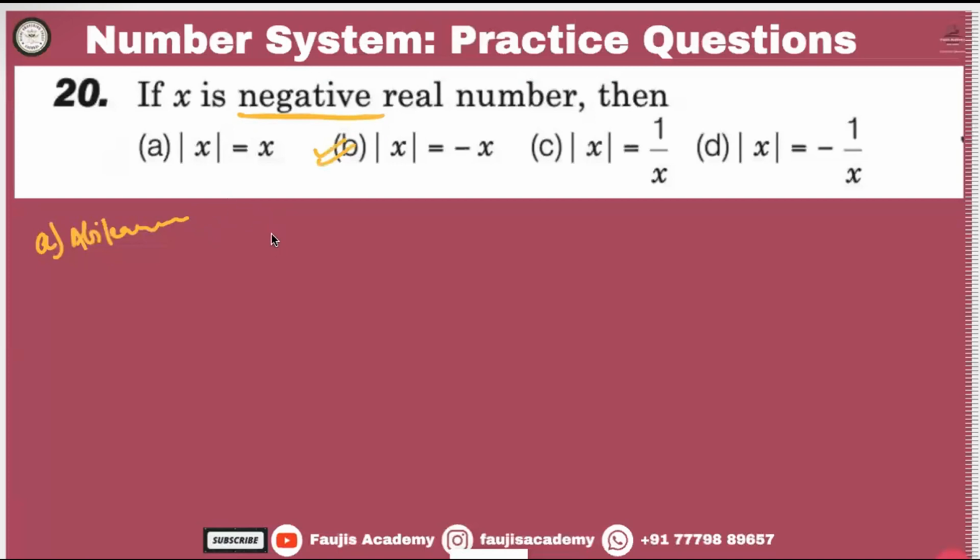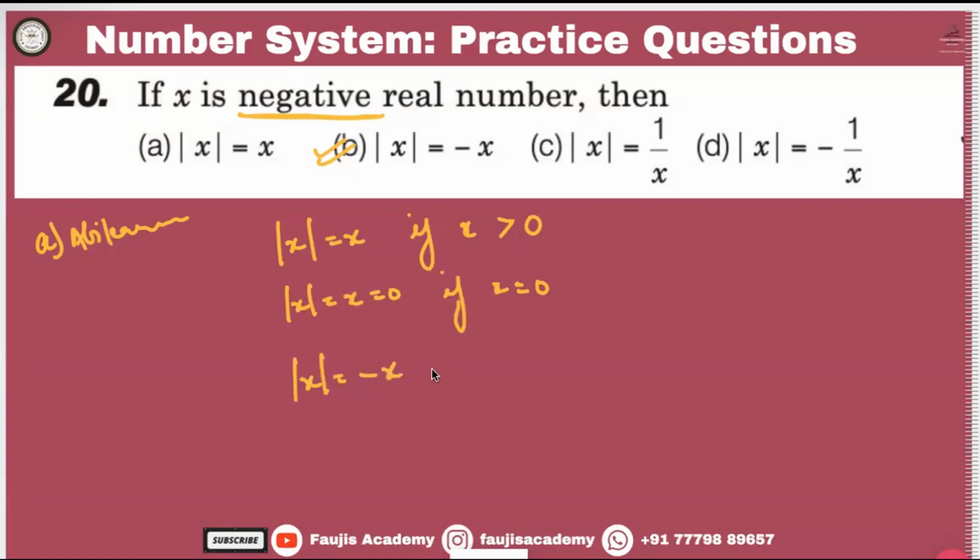What did we study yesterday? Mod of x is equal to x if the value of x is greater than 0. Mod of x is equal to 0 if x is equal to 0, and mod of x is equal to minus of x if x is less than 0. x is a negative real number.